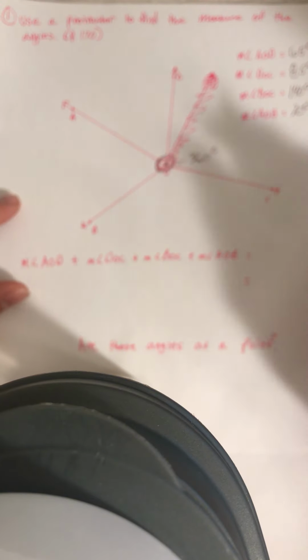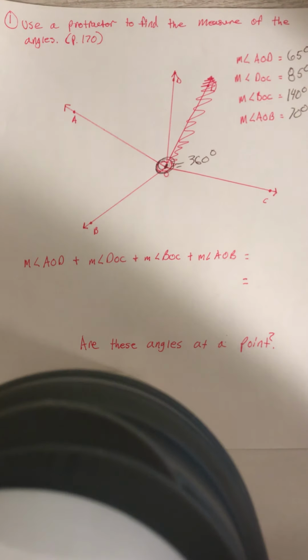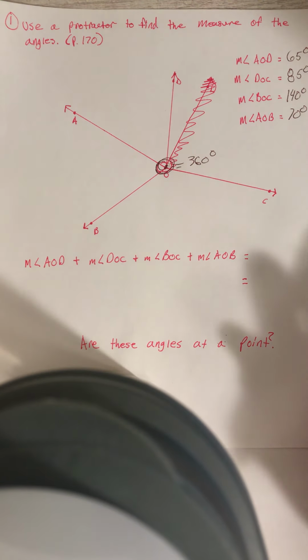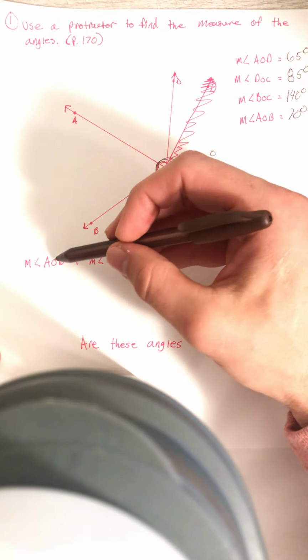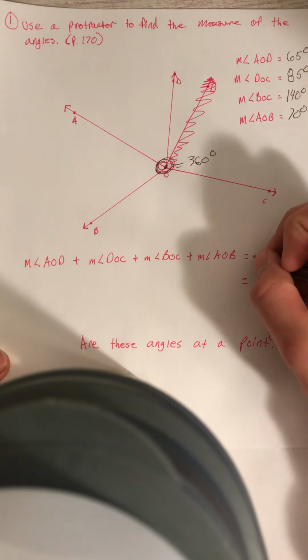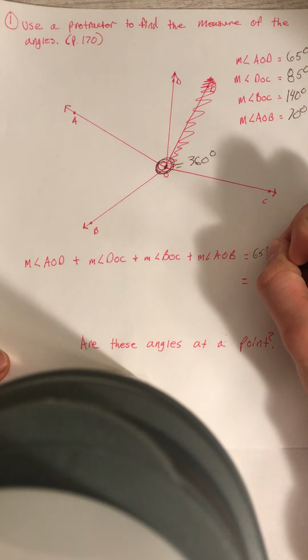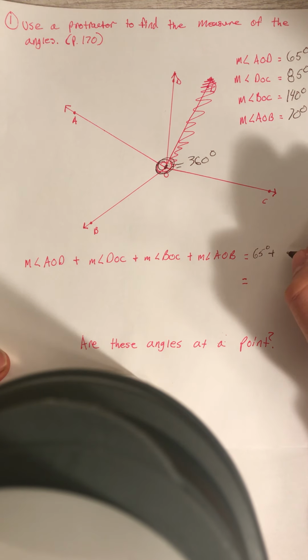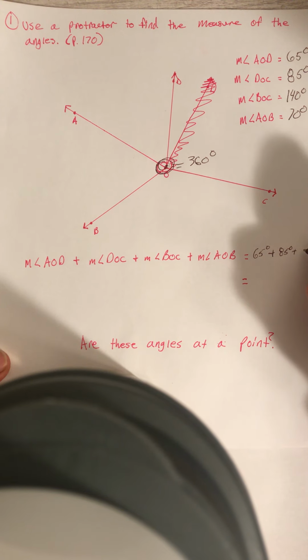So if I do my math, I do my addition, and I start to add it up, the sum should equal 360 degrees. I'm going to add my measure of angle AOD, 65 degrees, plus the measure of angle DOC, 85 degrees, plus the measure of angle BOC, 140 degrees, plus the measure of AOB, 70 degrees.